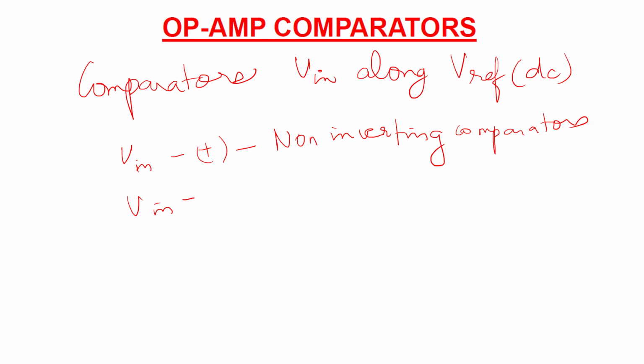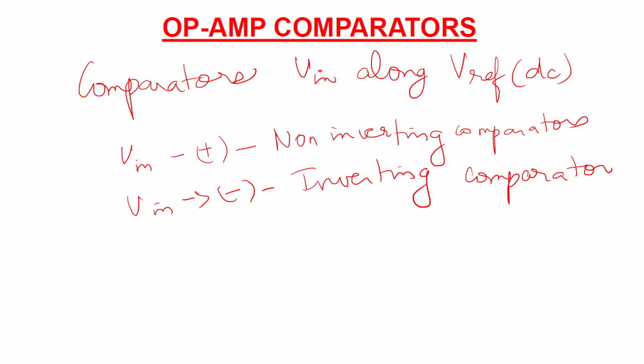If the input signal is fed to the inverting terminal, then the comparator is called an inverting comparator. We will discuss them one by one. I'll be drawing the diagram of a comparator.